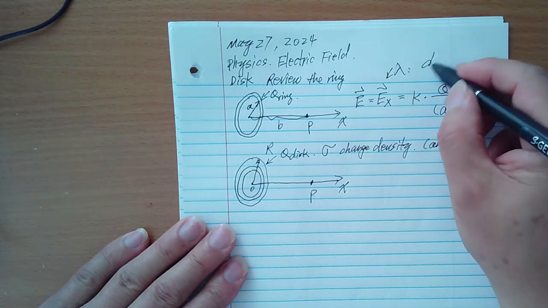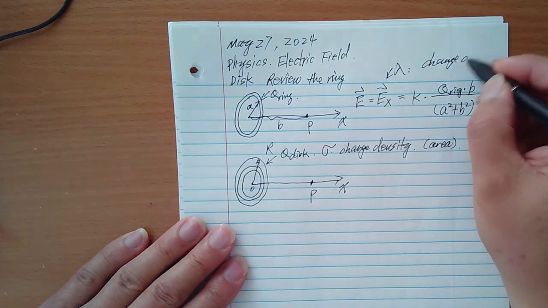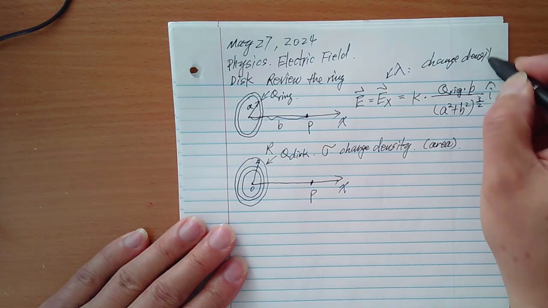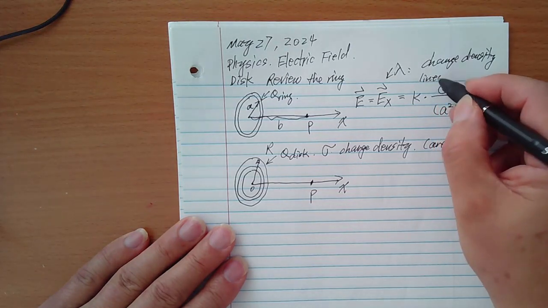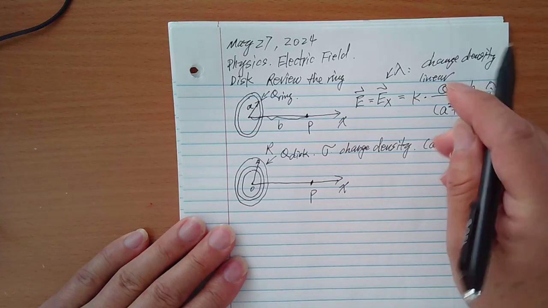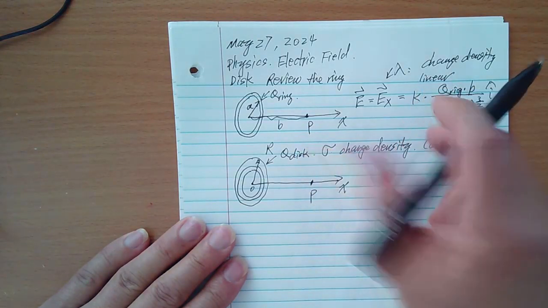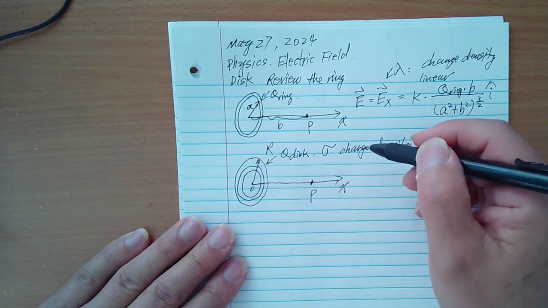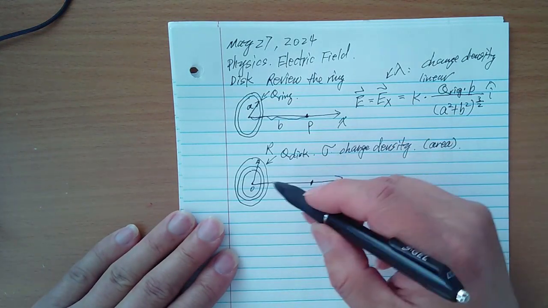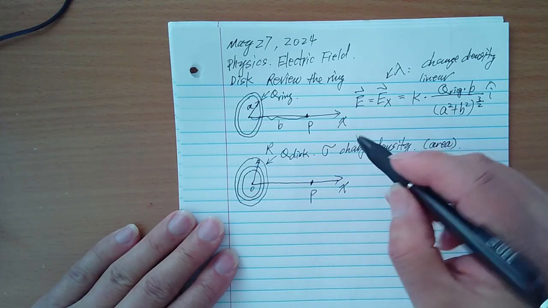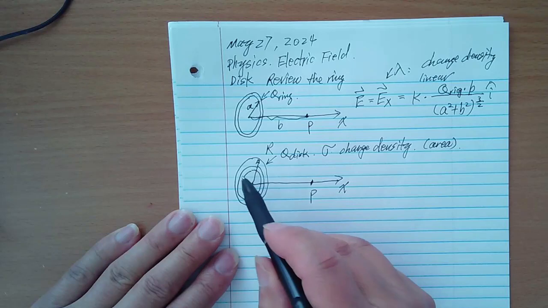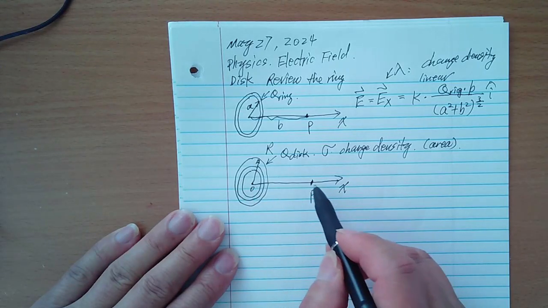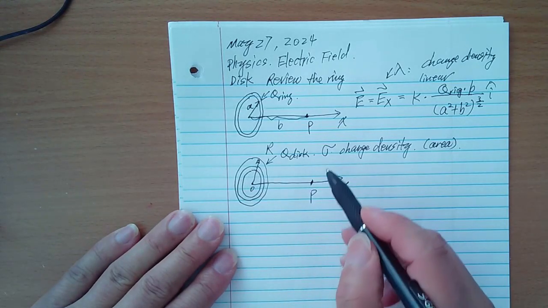Lambda is also a charge density, but it is typically linear charge density, which means along a line, while this is for the whole area. Those are the things we have to know, and then we try to get the electric field at the point P from every component in this disk.